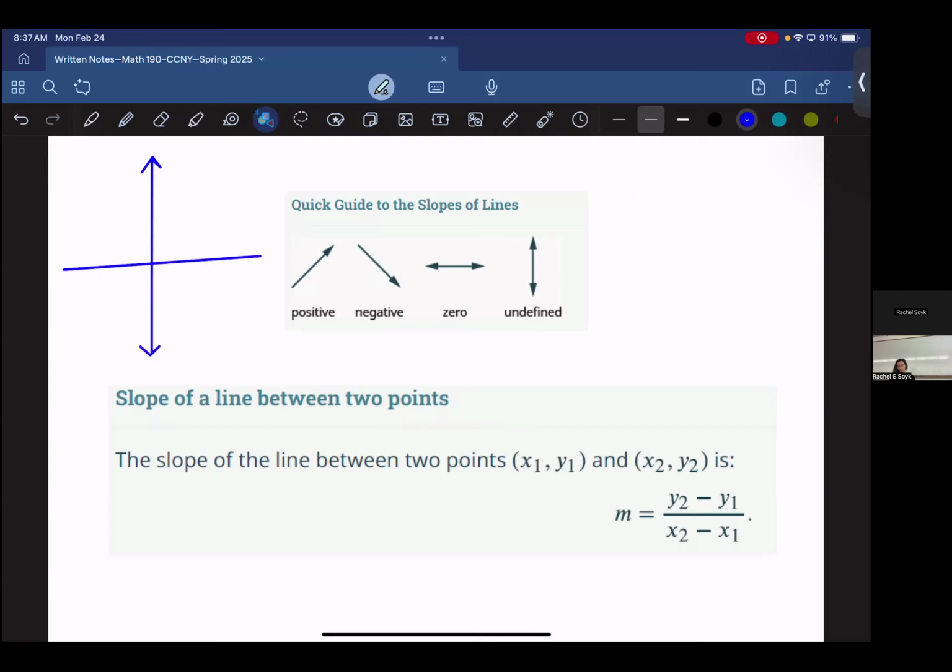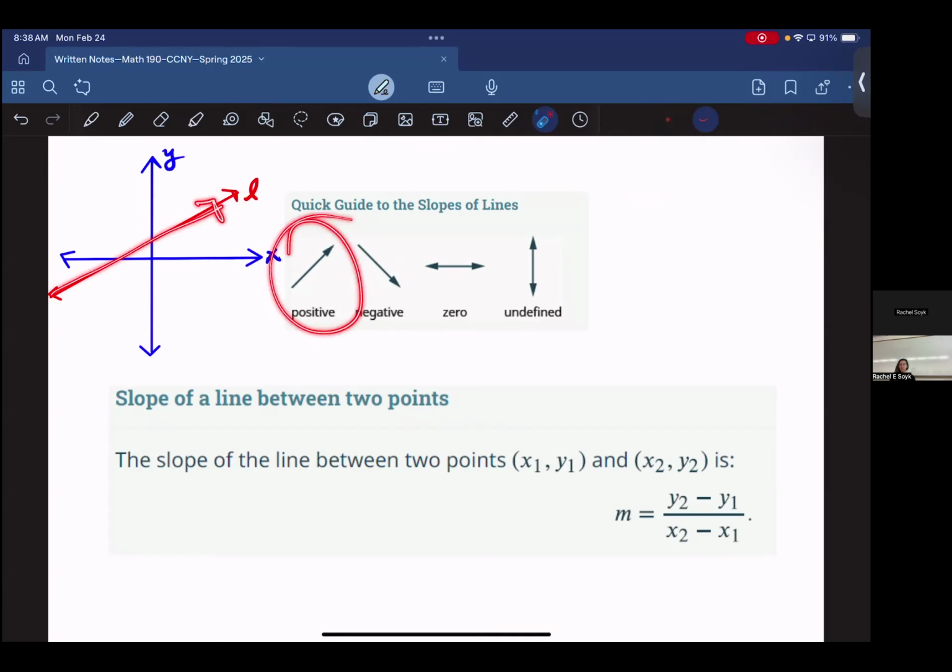So if you have this nice, beautiful XY coordinate plane, and I were to draw a random line on this graph in red, we'll call this line L. We want to read this from left to right. And from left to right, you'll notice that we are going up a hill. We're going up, then it's going to be a positive slope.